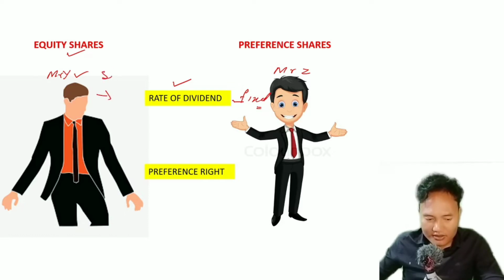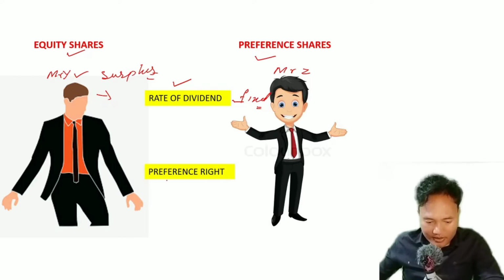It depends on the surplus of the company. If the company has sufficient surplus, then only the equity shareholders are entitled to a dividend. The rate of dividend is always fixed in the case of preference shares, but equity shareholders may get a dividend if there is sufficient surplus or profit during the financial year.